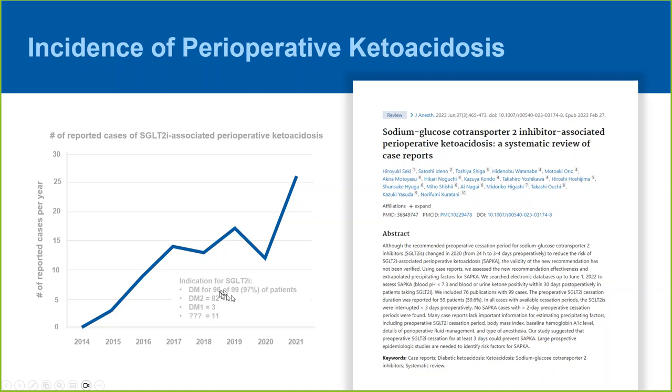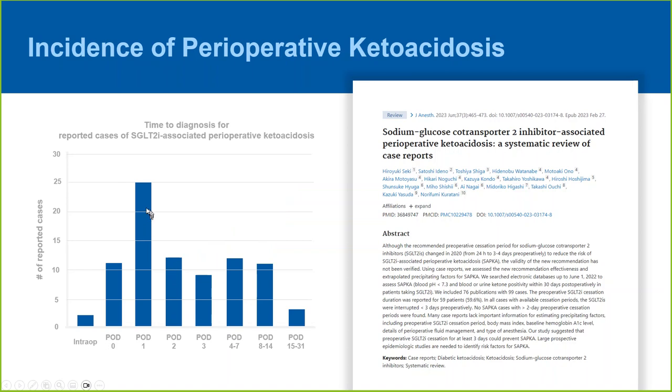In particular, you'll note that 97% of these patients had diabetes, the majority of whom had type 2 diabetes. And even though you might think that 3% didn't, once again, it just wasn't reported, so it's not clear whether these patients had diabetes or not. When they noticed the DKA, it was most common to notice it on postoperative day 1.